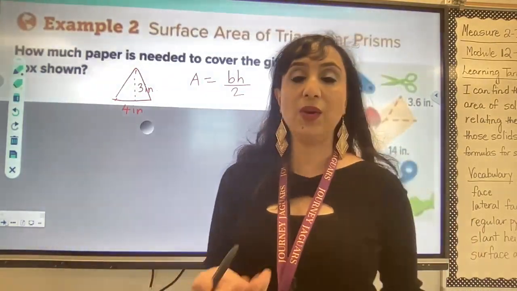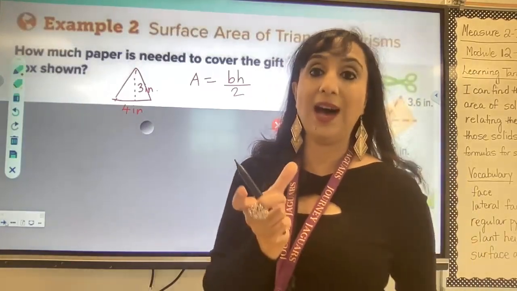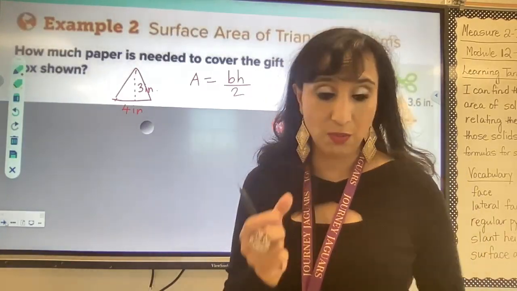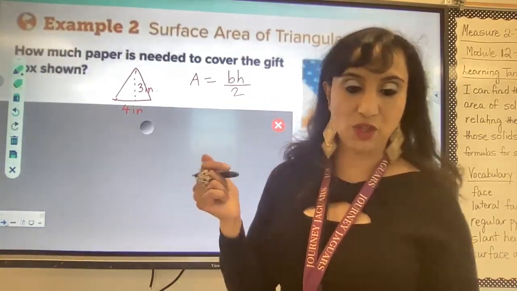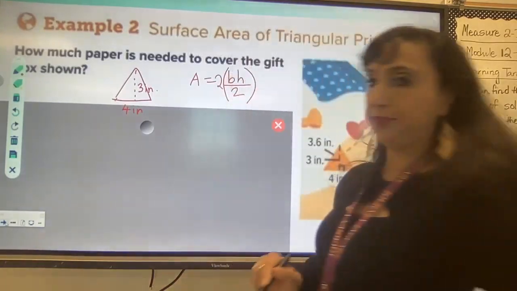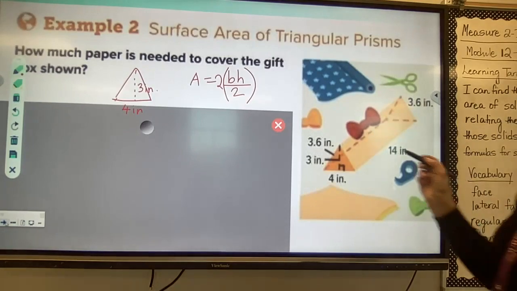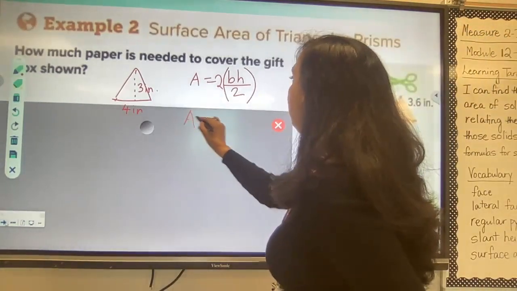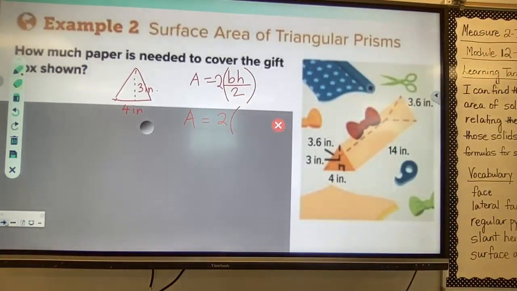But over here, since the 2 faces of the triangle are going to be congruent, it has to be times 2, because look, we have one here and we have one here. So area is equal to 2 times, what do we have as the base?